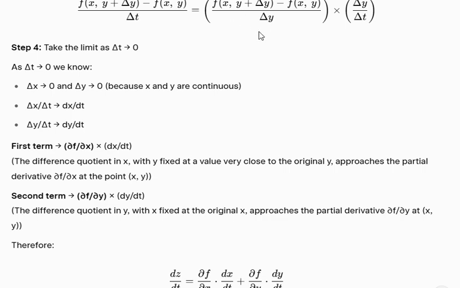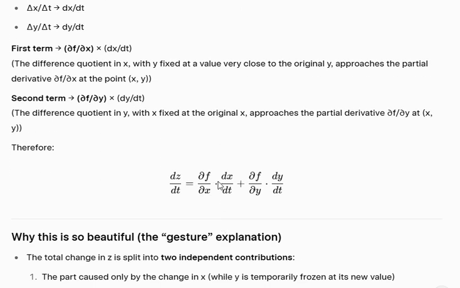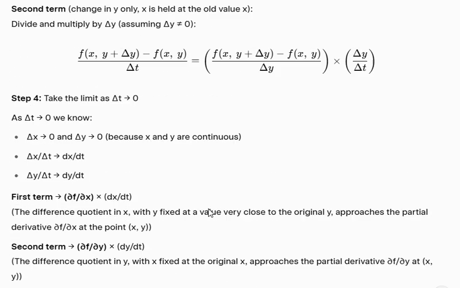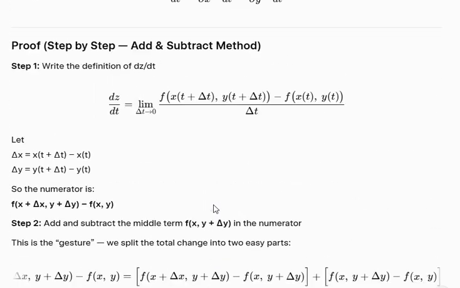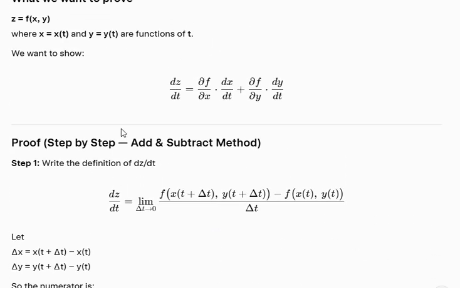And the second term we can rewrite as df by dy. Finally we arrive at this beautiful result. The only thing is, we have to understand that z is a function of x and y, and in order to differentiate, x and y are functions of t, and they should be continuous functions. Keep in mind.